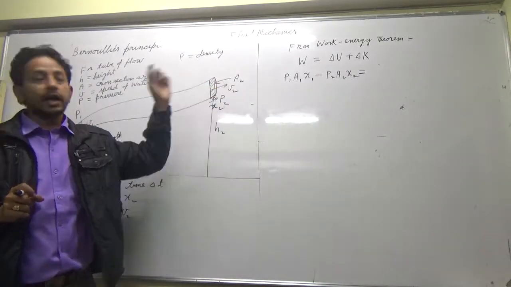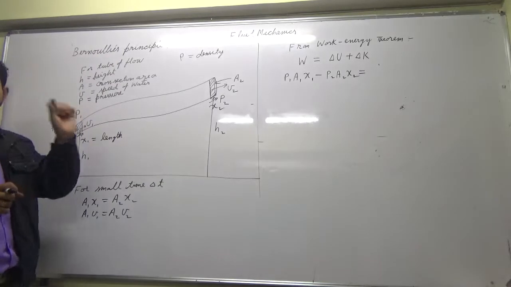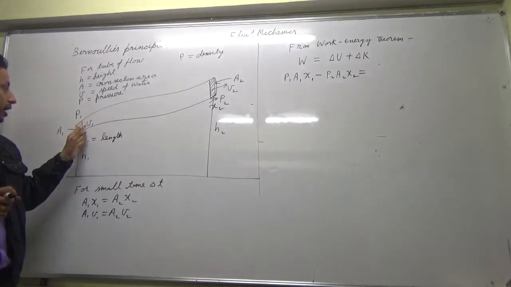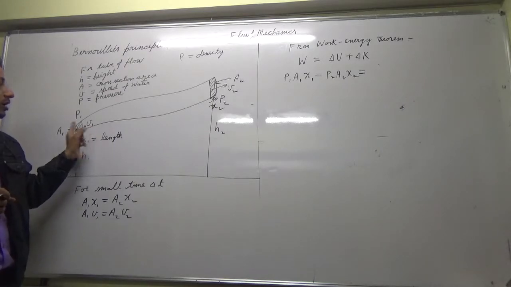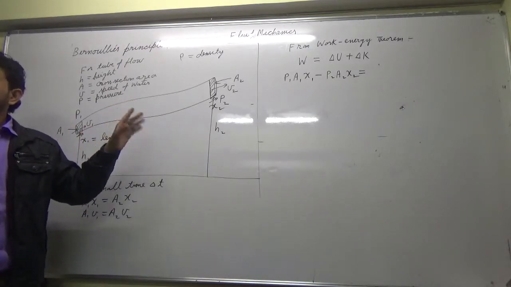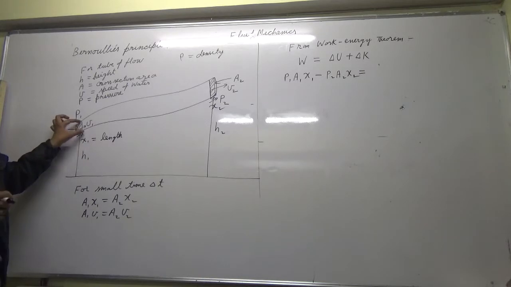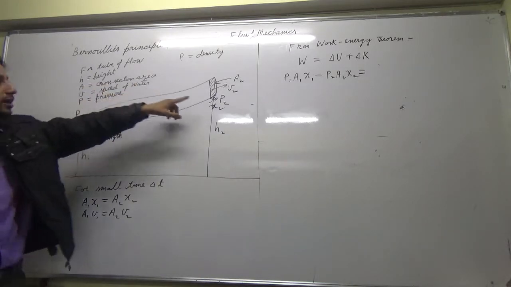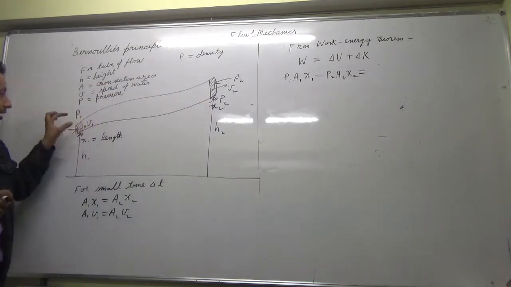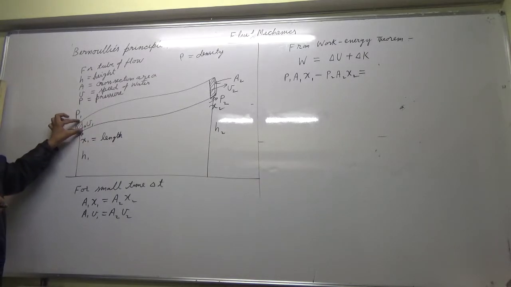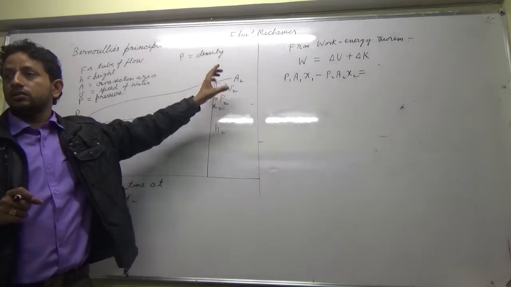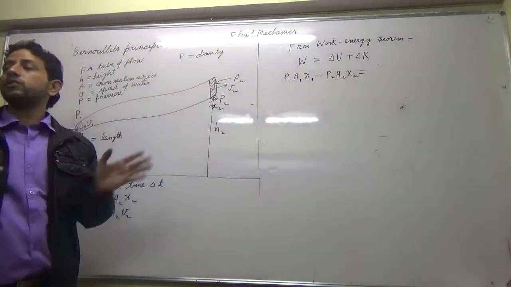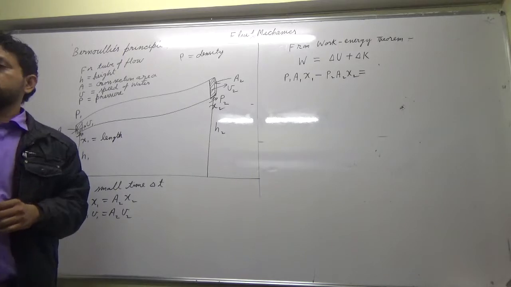Actually, the whole tube has shifted by a small amount, so we would have to add the potential change of each small part. But since we know that from here to here it is the same, we can directly write whatever entered from this side and whatever exited from the other side. We can compare that energy and write it as the change of potential energy.